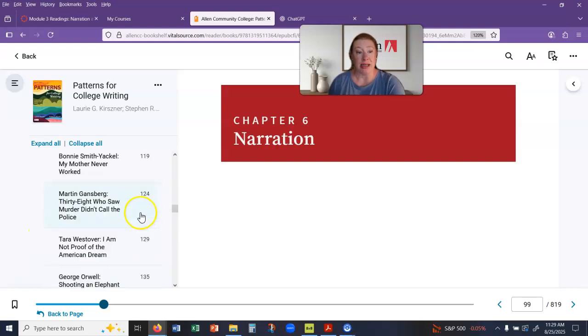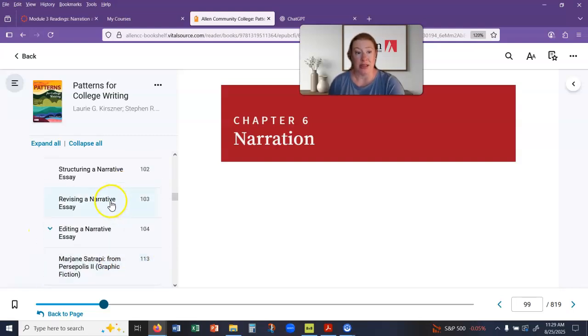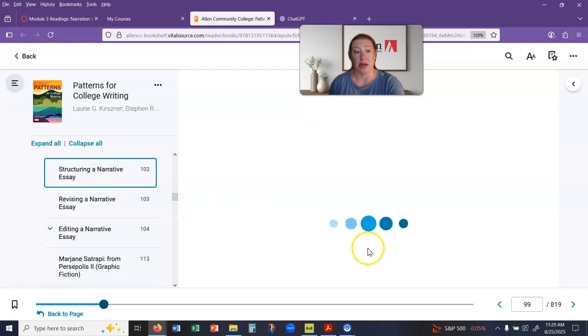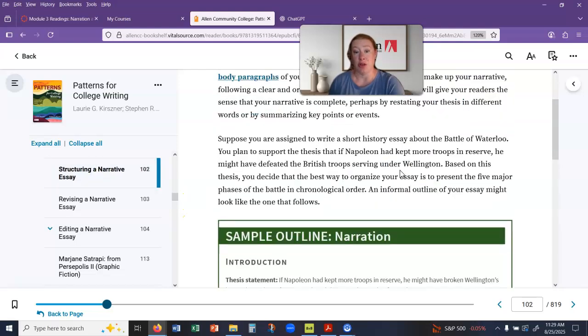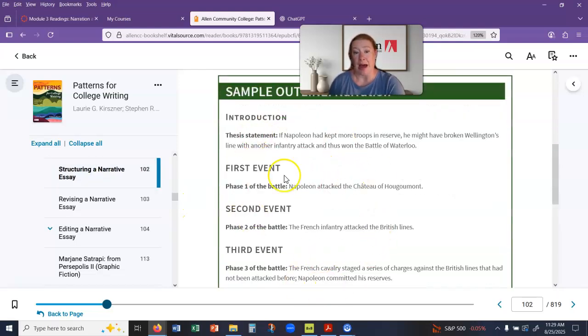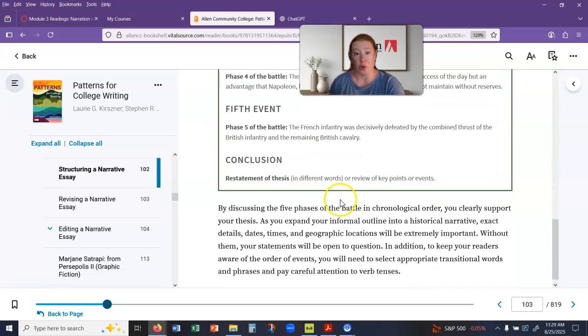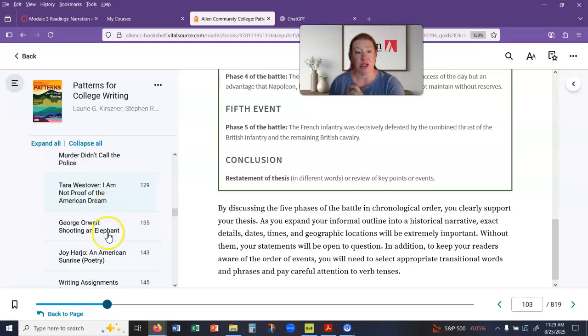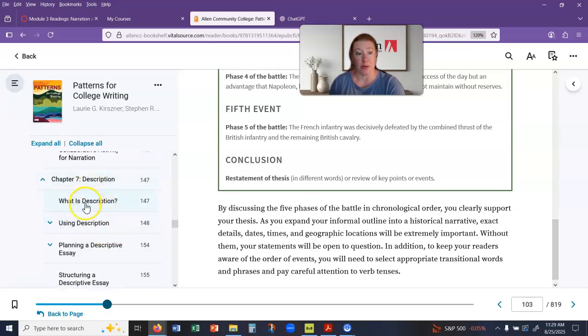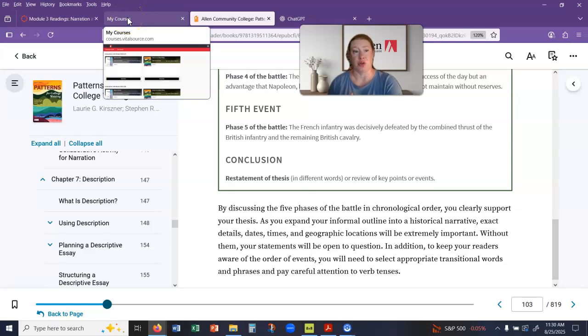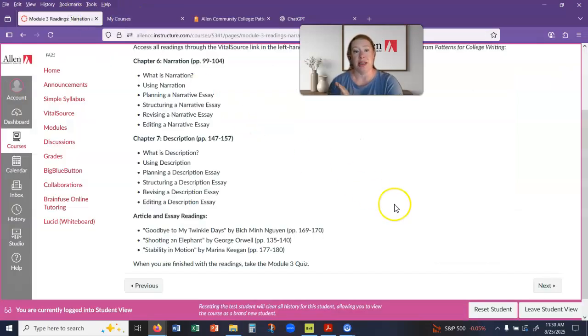Now you're writing a narrative essay, so this section on structuring a narrative essay is going to be the most useful for you, outlining how you talk about a story in chronological order. The chapter on description is really just there to help support the narration, because anytime we tell a story, we want to make sure that we are providing some really good description for the reader so that they can really just picture in their head what's going on.